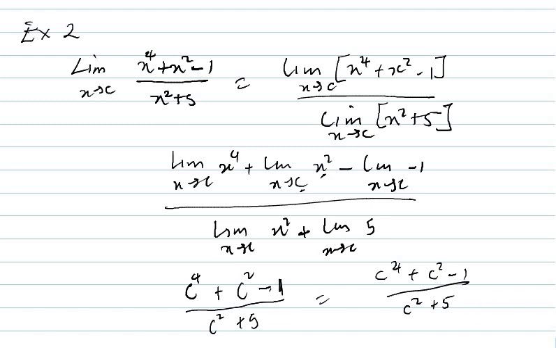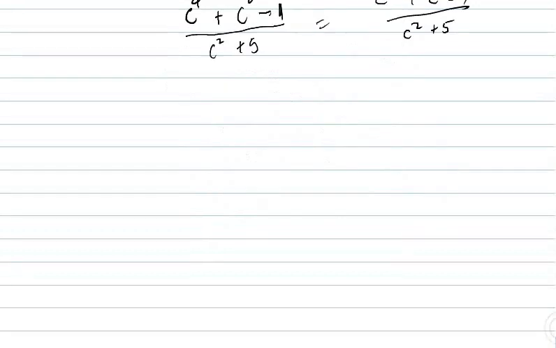Let's take another question and see. Another question is the limit as x approaches 1, so here is our numerical one, of x to the power 4 plus x squared minus 1, all over x squared plus 5.